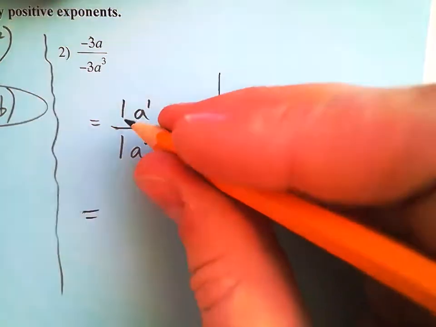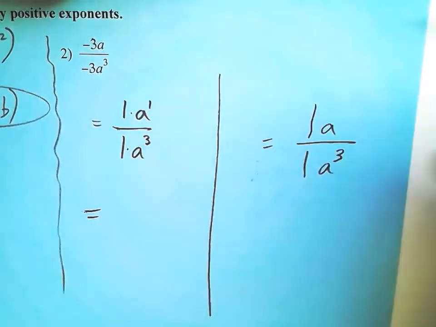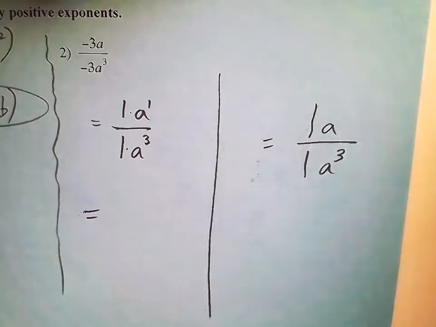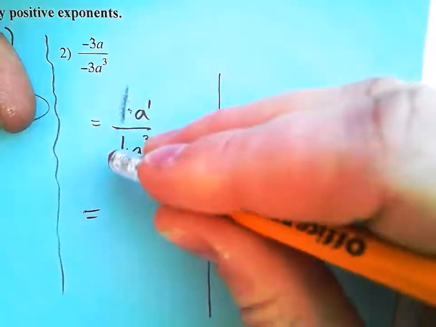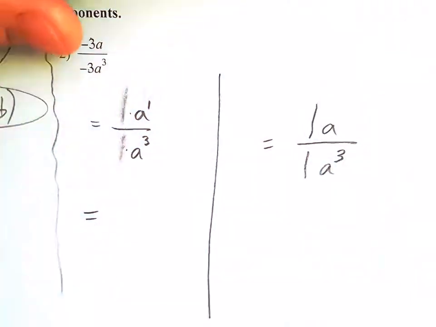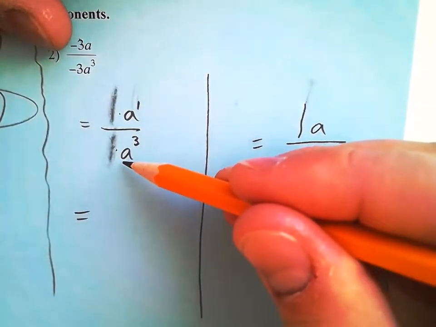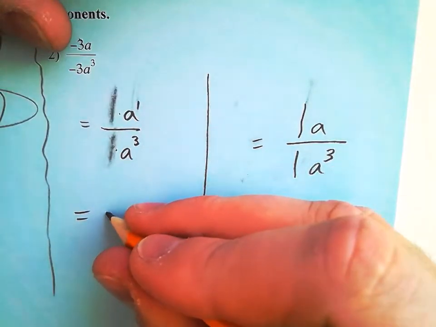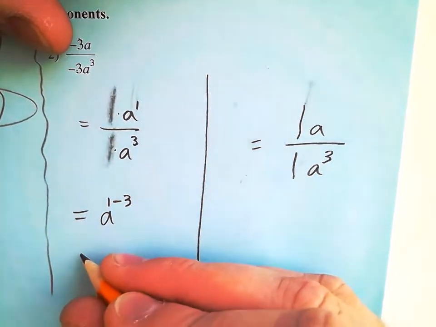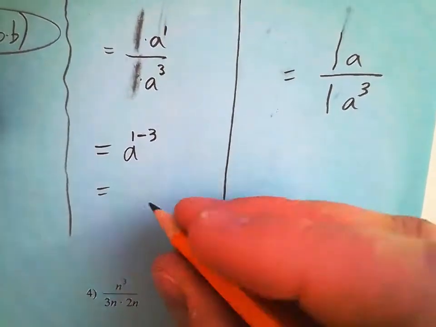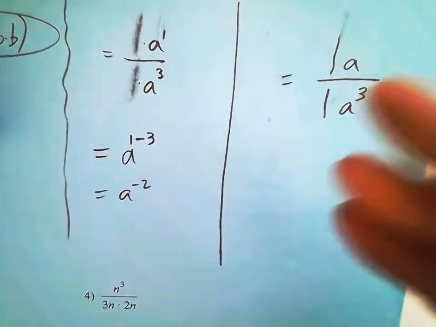That's a to the first. So 1 times a to the first, 1 times a to the third, and you don't really need 1 in front on those. So we have a to the first over a to the third. So the quotient property says that's a to the 1 minus 3, which would be a to the -2.